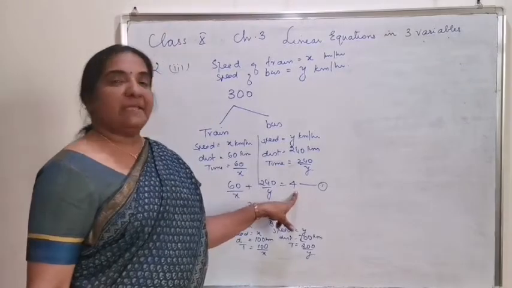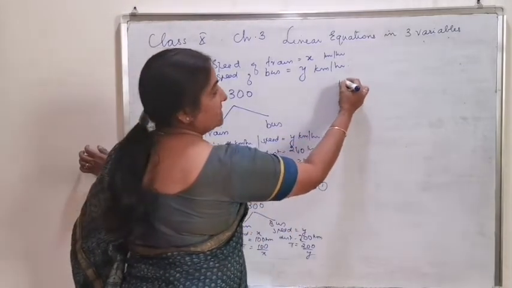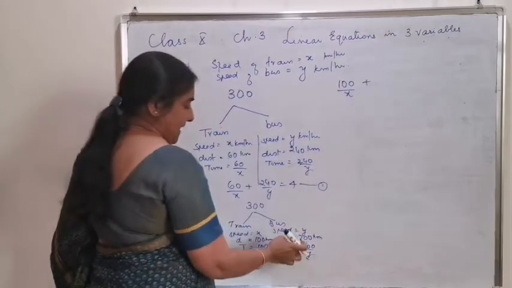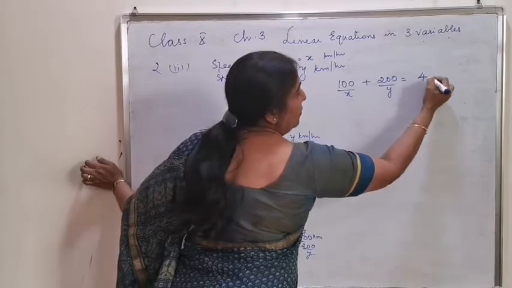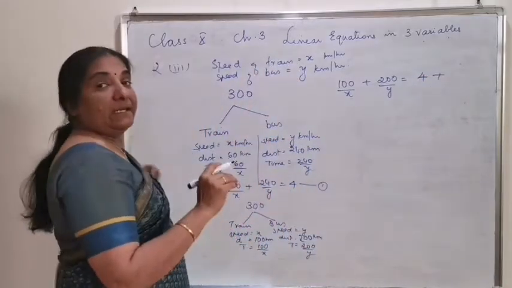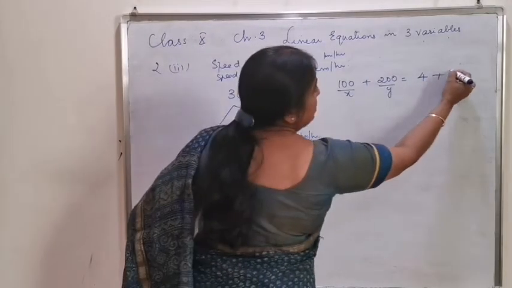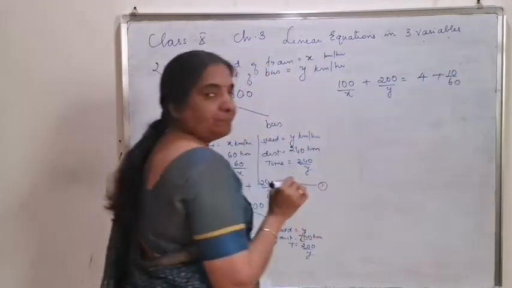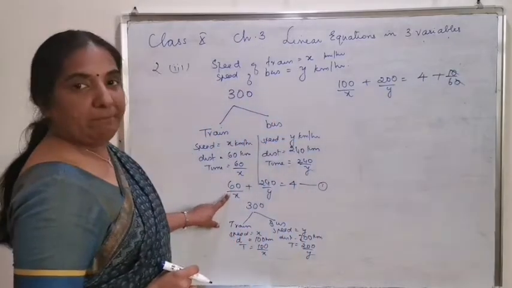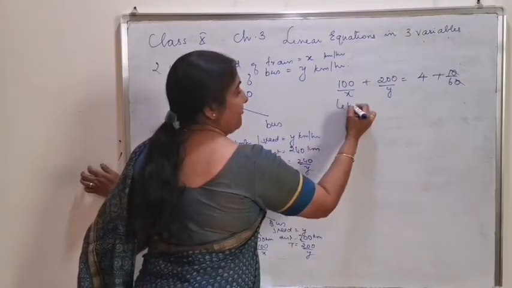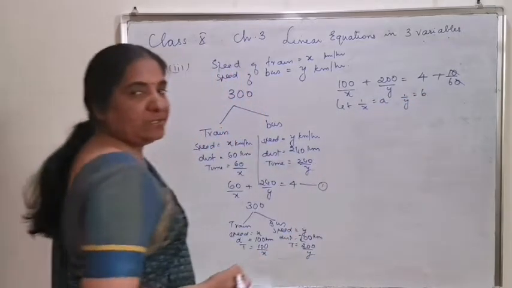The previous timing is 4 hours. That means the total time taken in this combination is 100 by x plus 200 by y is equal to 4 hours plus 10 minutes. That minutes have to be converted into hours. It is 10 by 60. Let 1 by x is equal to a, 1 by y is equal to b.